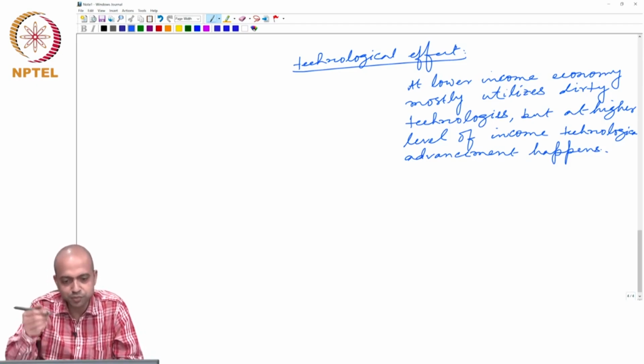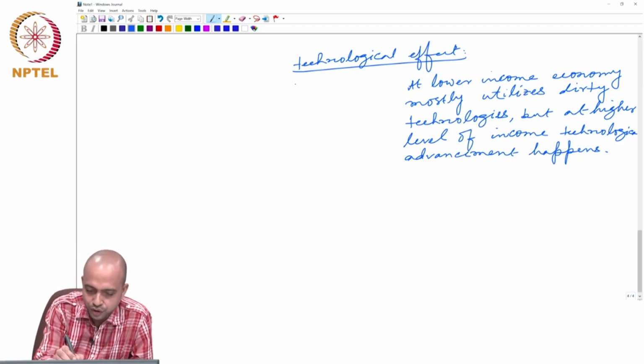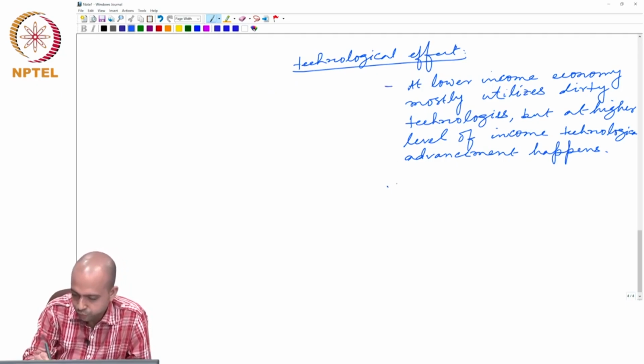That means it also gives a positive impact on environmental quality.